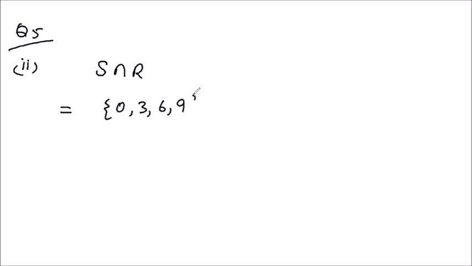Now, question number 5, part 2: S intersection R. S is a set which consists of multiples of 3 from 0, and R is from 1 to 6.